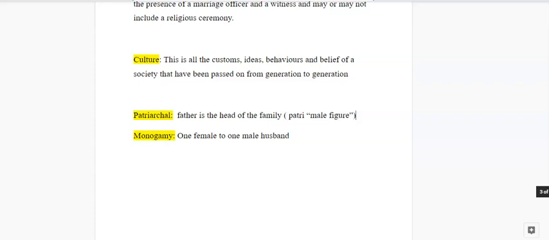For example, we'll look at patrilocal, we'll look at the term patrilineal, and you will already know that once you see a word beginning with patri, it means a male figure. Monogamy. Monogamy means one female to one male husband.